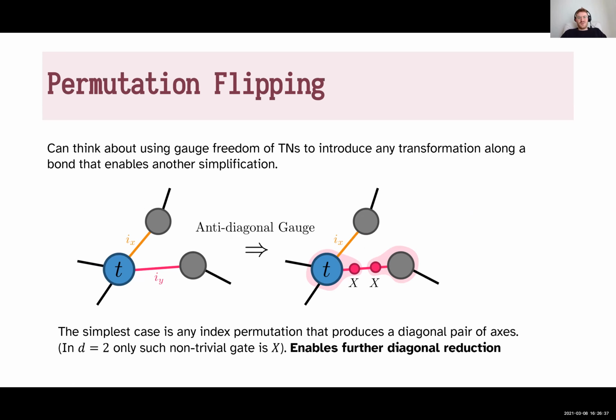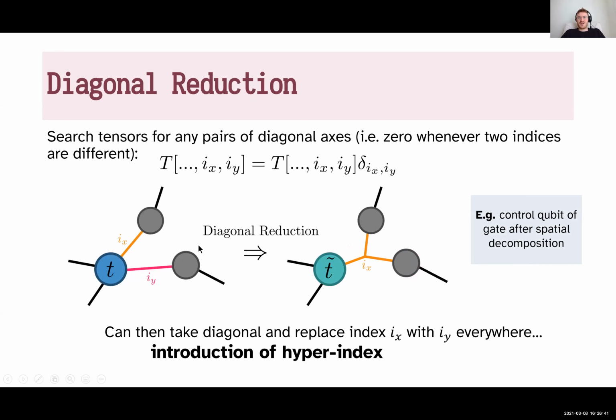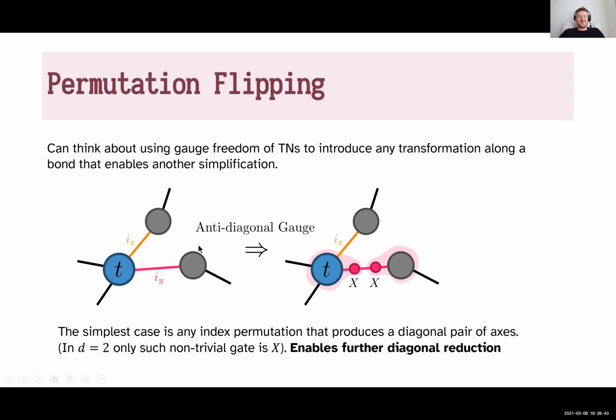And you could think about trying to introduce one to produce as many of these diagonal reductions as possible. And really the most simple thing you can think about is just permuting the indices. And of course, if t equals 2, so mostly for quantum circuits, the only non-trivial permutation is just the Pauli X operator.